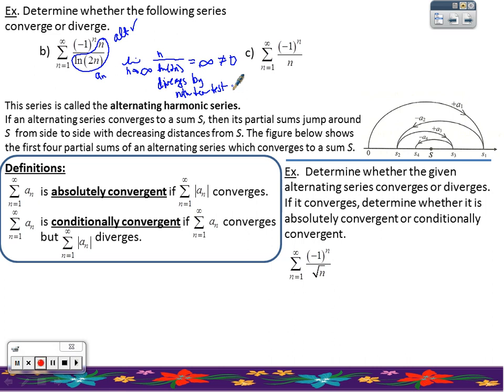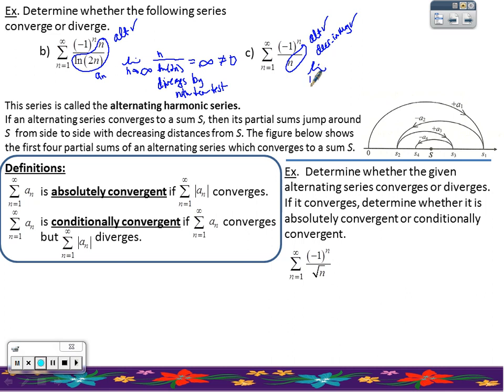Part C, let's look at this one. All right, so it's alternating. Yes. Is this one the a sub n term, which is just basically 1 over n? Is that part decreasing in magnitude? Yes, as we get larger and larger, we're decreasing in magnitude. Let's see, the last thing is the limit.